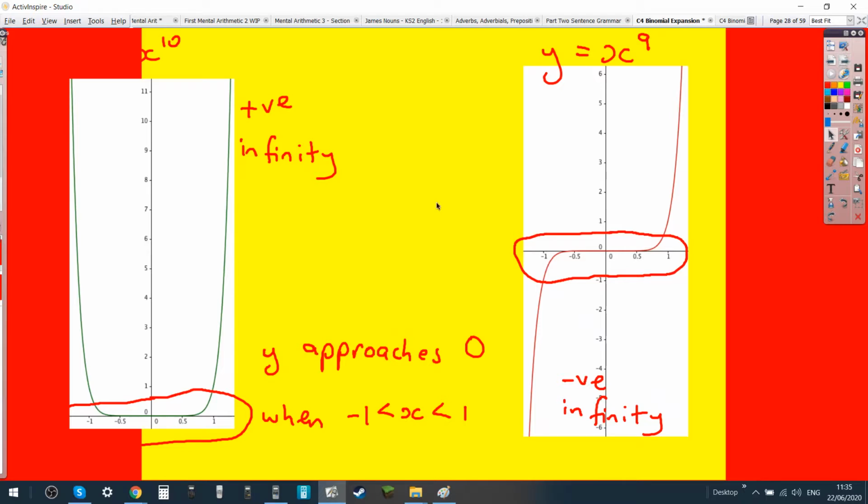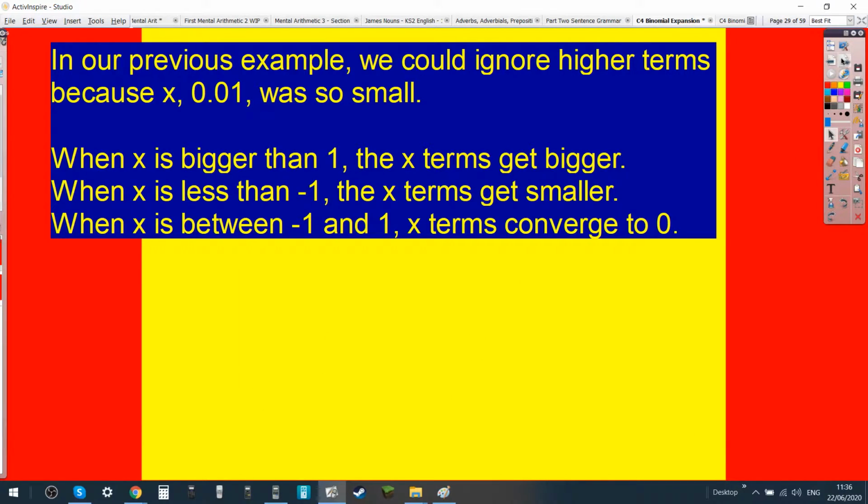And so this is what the graphs look like. If x is bigger than 1, it goes to positive infinity. If it's smaller than minus 1, it goes to positive infinity too, for x to the 10. But for x to the 9, an odd power, it goes to negative infinity or positive infinity. But in between 1 and minus 1, they get closer to 0 the bigger the power gets.